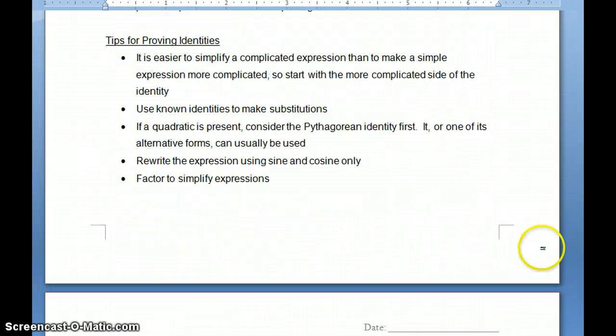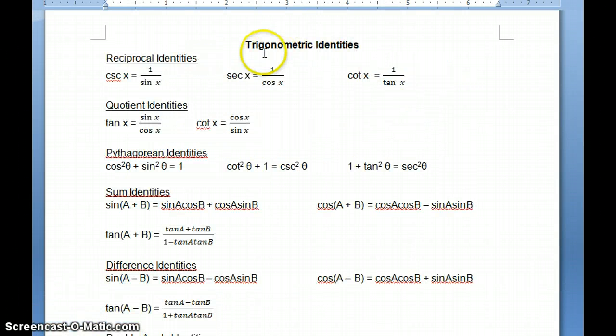So just quickly, we'll talk about some tips for proving identities. It is easier to simplify a complicated expression than to make a simple expression more complicated, so start with the more complicated side first. Our second tip is to use known identities to make substitutions. That's going back to our little cheat sheet of trigonometric identities.